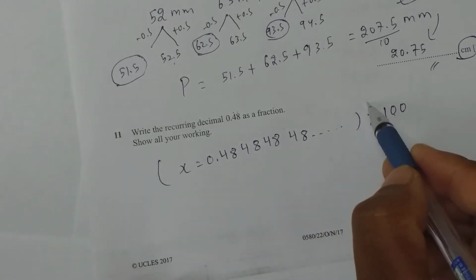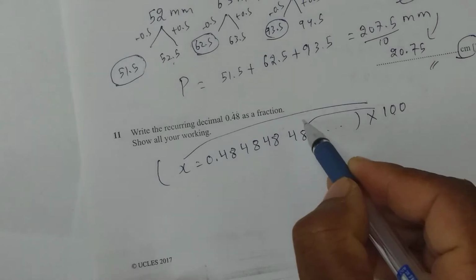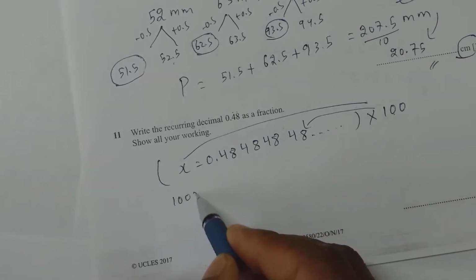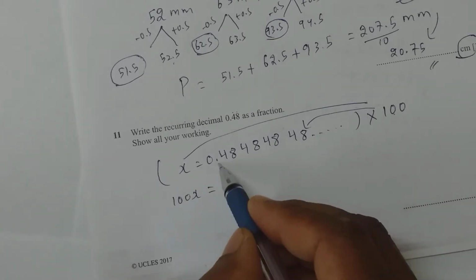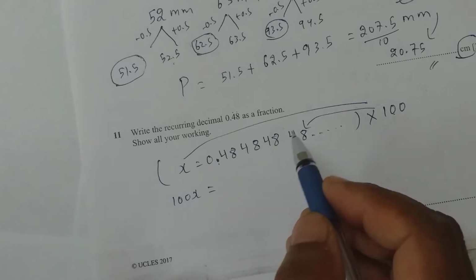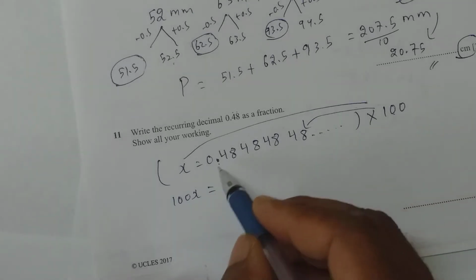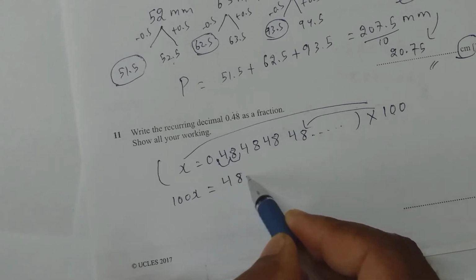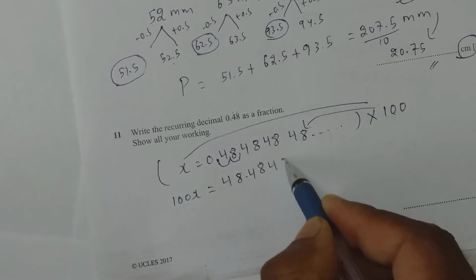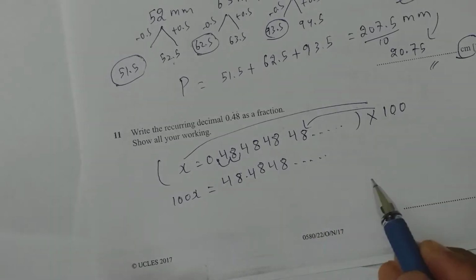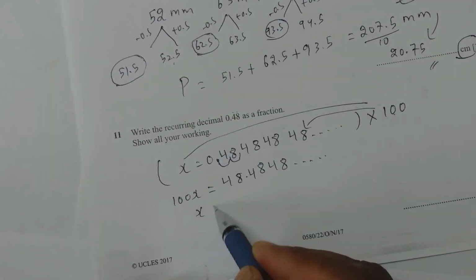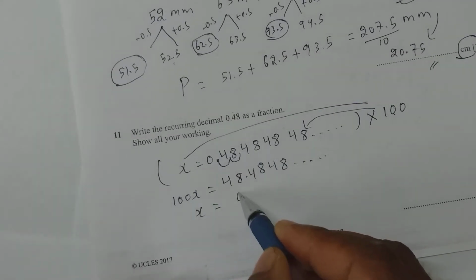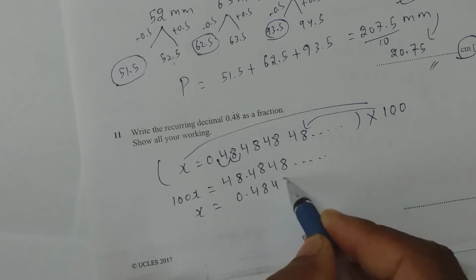So how much do I get? 100 times this and also 100 times this. So I get 100x equal to, here you are multiplying with 100, two zeros, so the decimal moves towards the right side. So now it becomes 48.4848 and so on. The initial x was x equal to 0.4848.